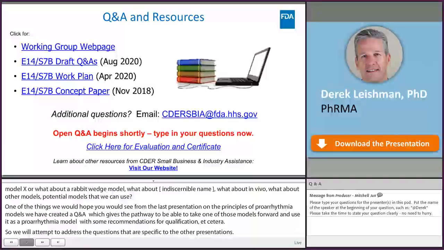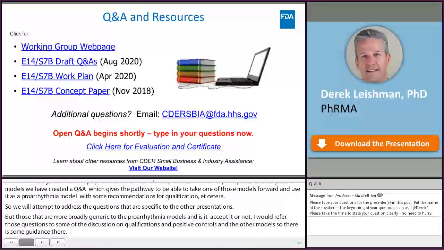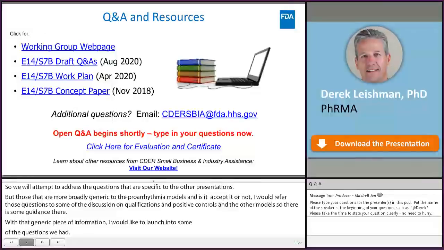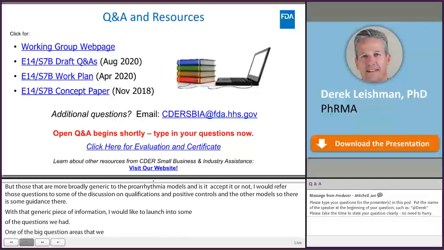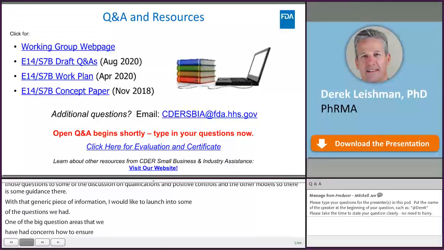So with that generic piece of information, I'd now like to launch into some of the questions that we have had. One of the big question areas concerns how to ensure the sensitivity, I guess sensitivity is probably the best way to summarize it, and needs of the in vivo model.